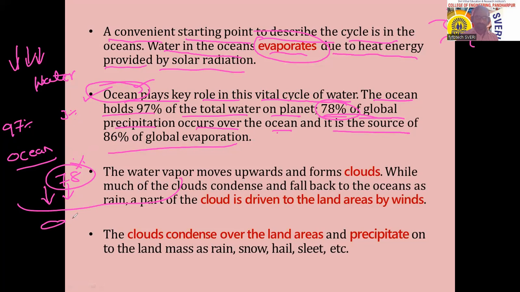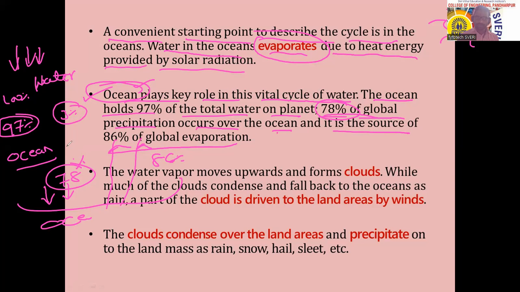Don't get confused here. So out of total 100% of water, how much is in the ocean? Give me the answer. 97%. And 3% is what? It is fresh water, correct?